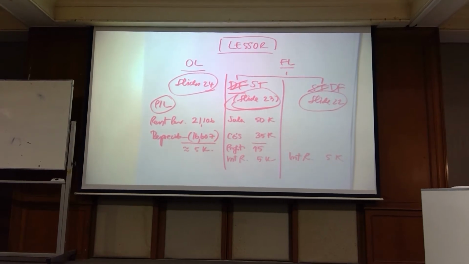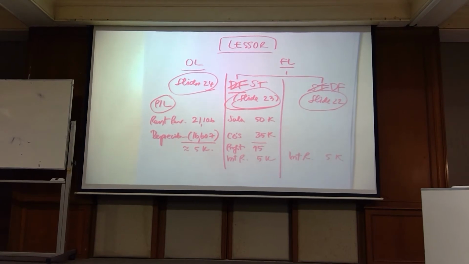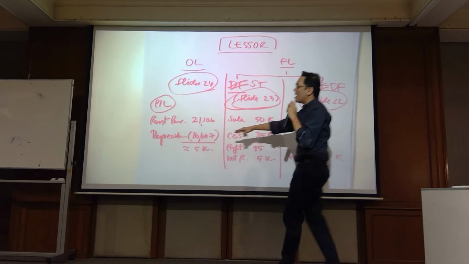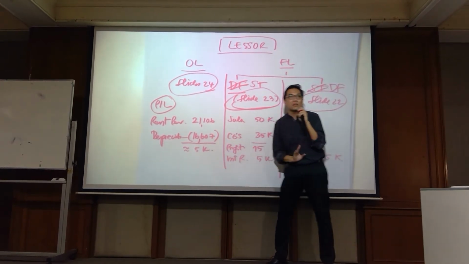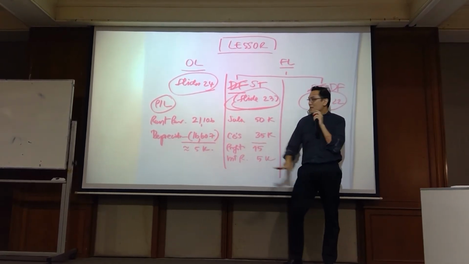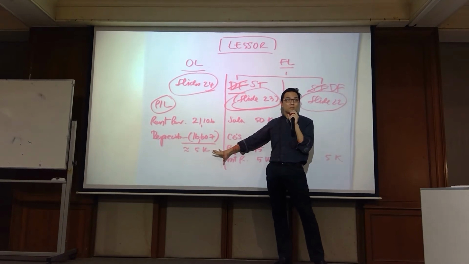For OL, it's just about 4,000 each of the profit. You may prefer FL. Right? You may prefer FL. For OL, this remain the same across 3 years. Is that right? About 4 each all the time.